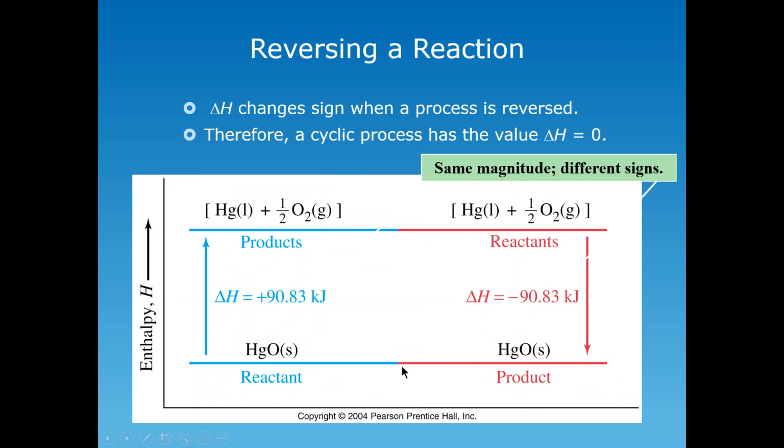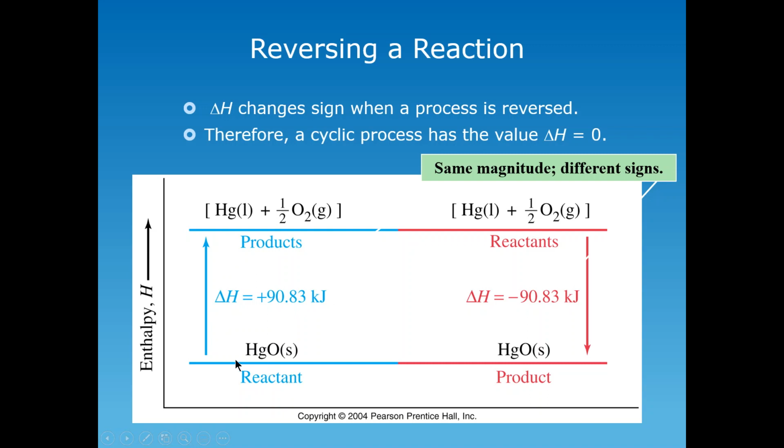In this example, we're looking at the reaction of mercury(II) oxide forming mercury and oxygen. This is the equation for the reaction, and this is an endothermic process requiring this amount of heat in order for this reaction to take place, all right?